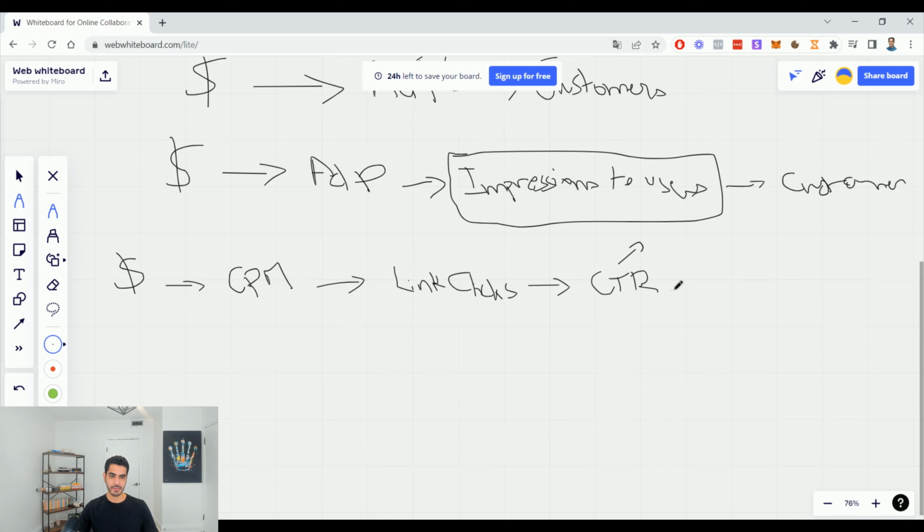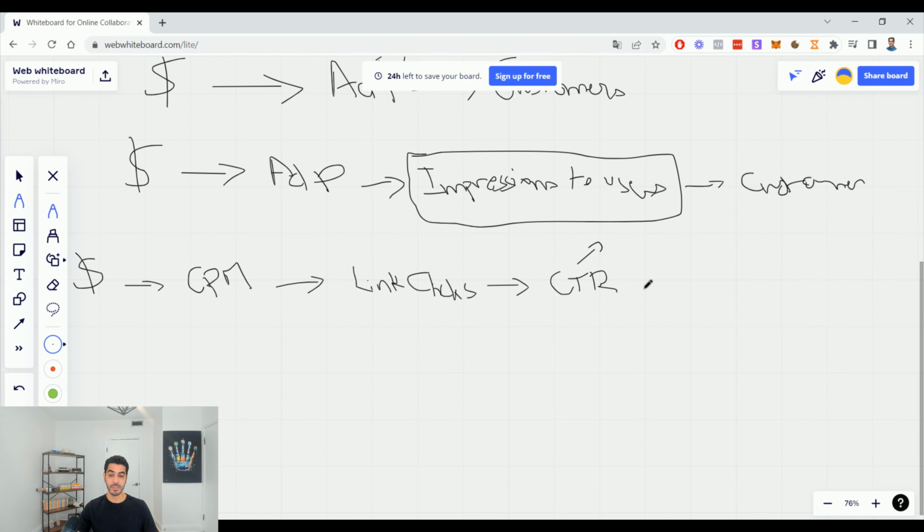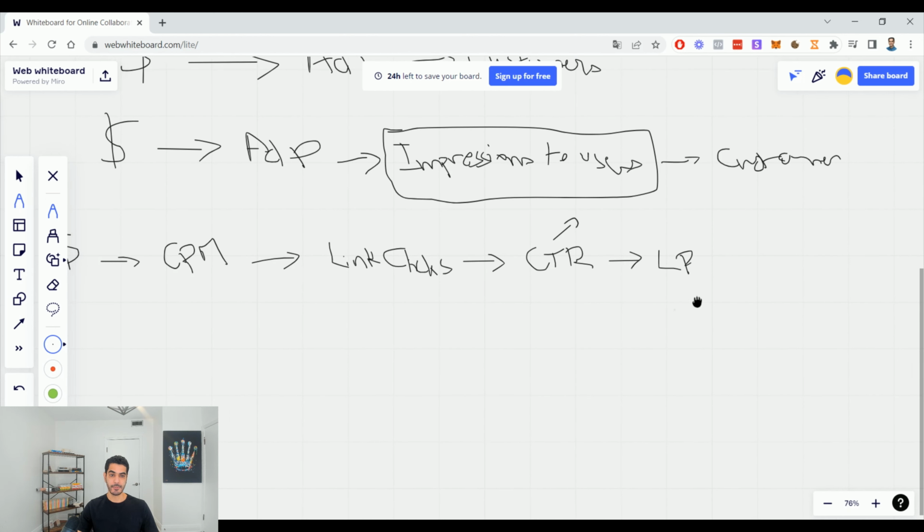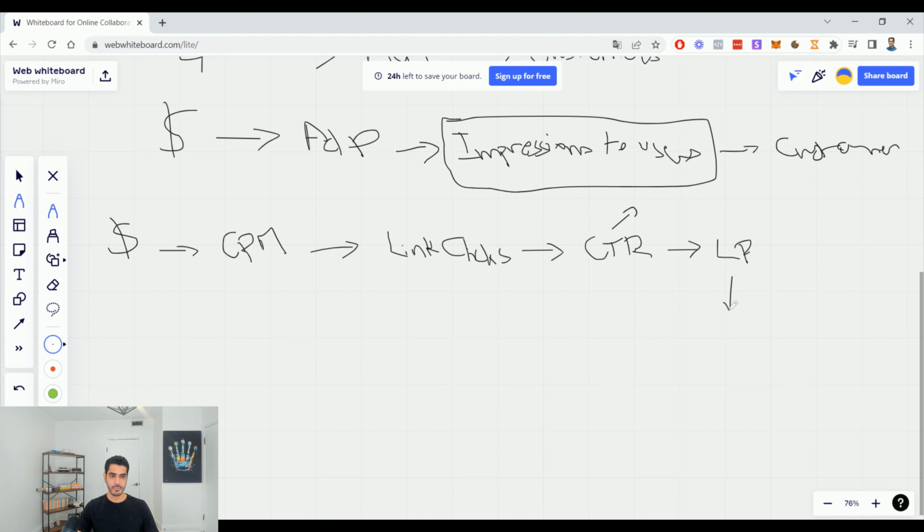Now, once people click, what happens? They get taken to a landing page, or your website, your product page, wherever you program the ad to take them. When the landing page is fully loaded, the customer can scroll, check what the product is about, check what your brand story is about, but then they have the choice of adding to cart.